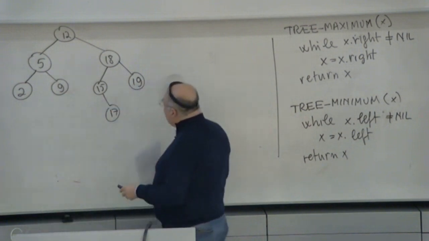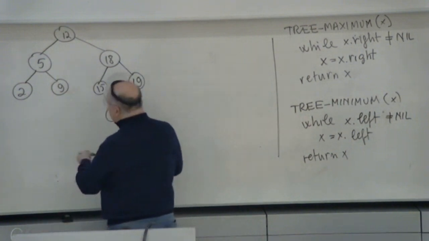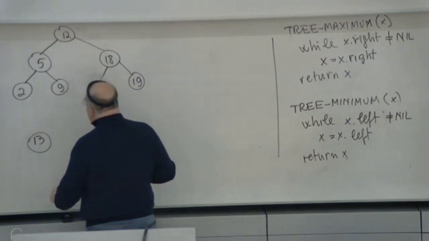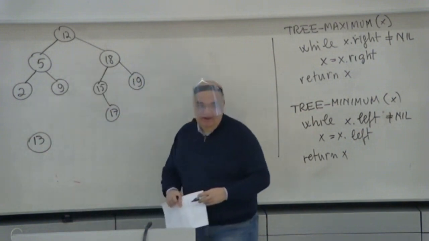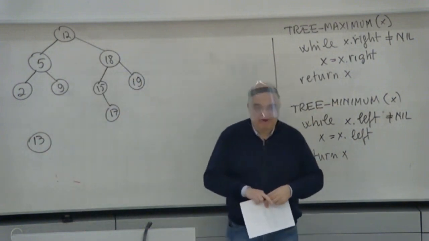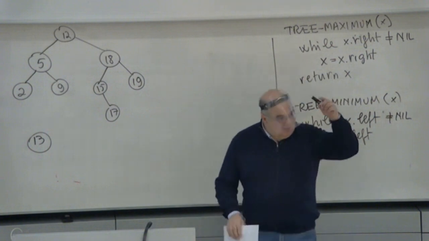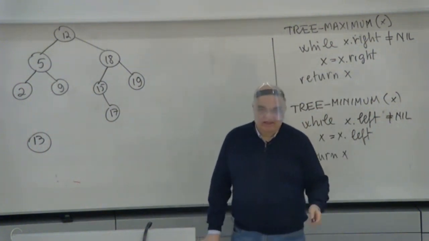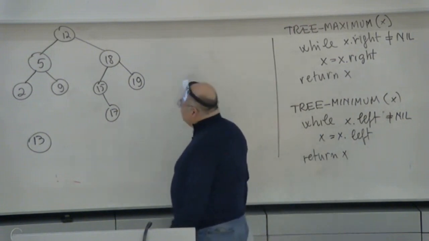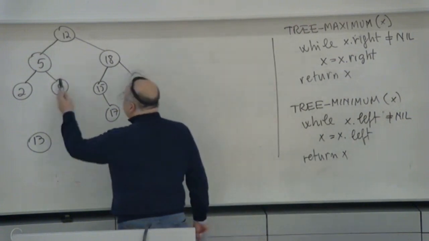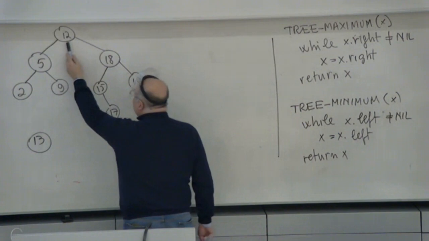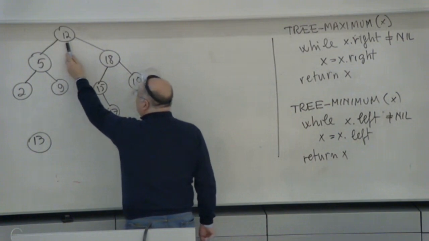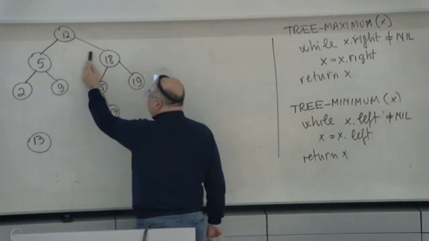The idea is that we want to insert number 13 here. When you want to insert a node, you find its place, starting from the root, going down, and finding where the node must be inserted. So you start with 13, you compare with the root node, which is 12, and you know that 13 must be to the right of 12.